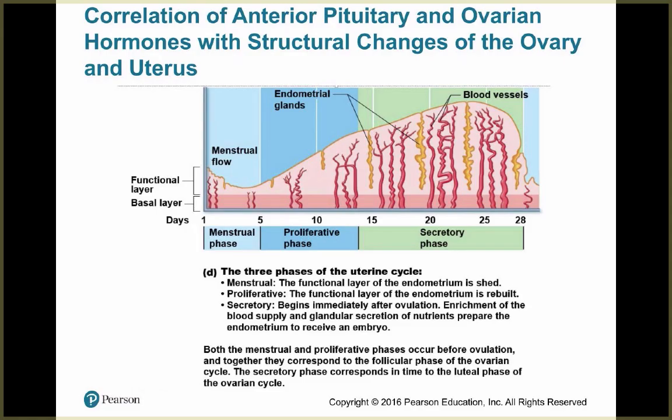And so this is how thick the functional layer and the basal layer of the endometrium is. And so when we look at this, you can see day 1 through 5 right here. This is when the ovarian hormones are lowest.